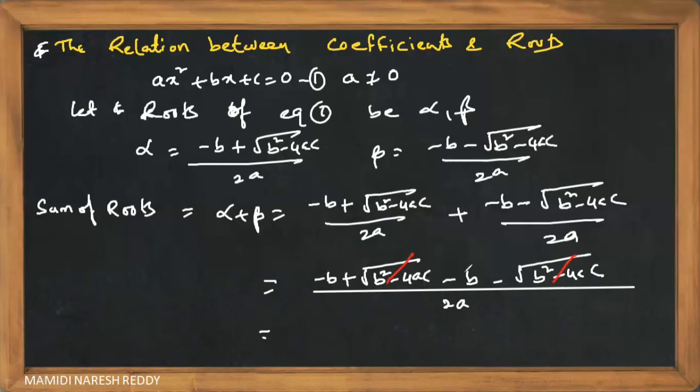Only minus b and minus b. By adding, what do you get, my students? Minus 2b by 2a. Now, can we cancel 2 and 2? Yes, let us cancel 2 and 2. Now that will be equal to minus b by a. Got it, children? So alpha plus beta is equal to minus b by a.